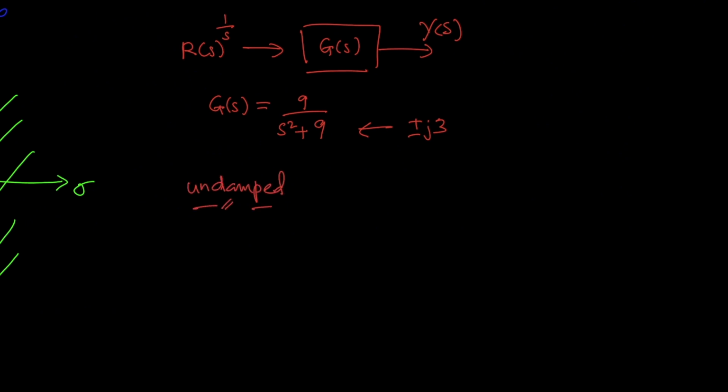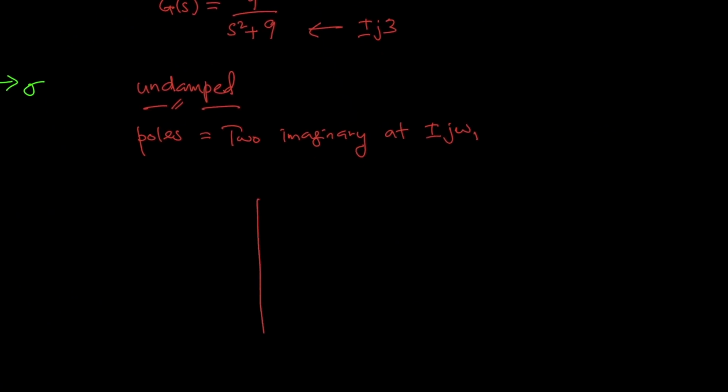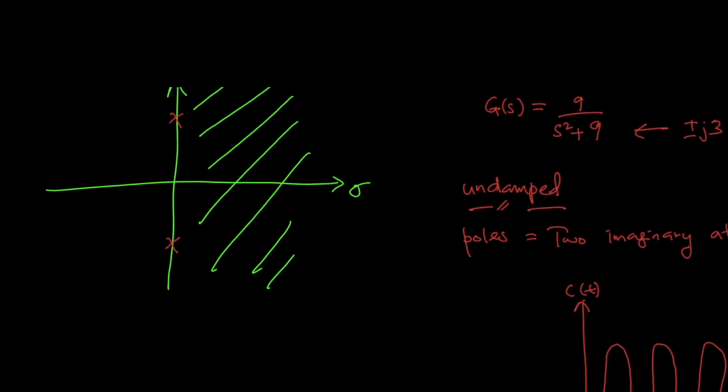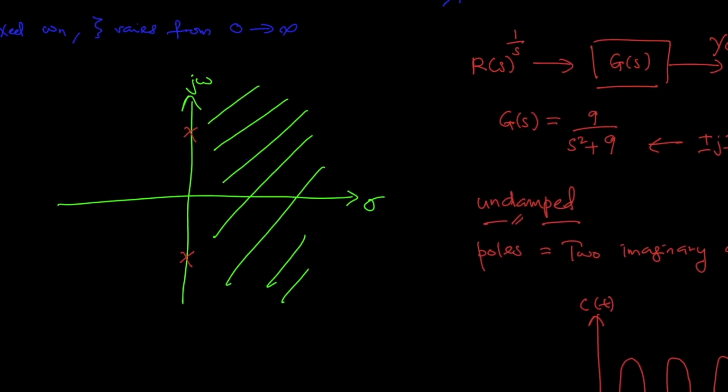The input pole at the origin generates a constant forced response, and the two system poles on the imaginary axis generate a sinusoidal natural response whose frequency is equal to the location of the imaginary poles. This type of response is called undamped. The absence of a real part in this pair corresponds to an exponential that does not decay over time. At this particular point, the value of zeta is 0.